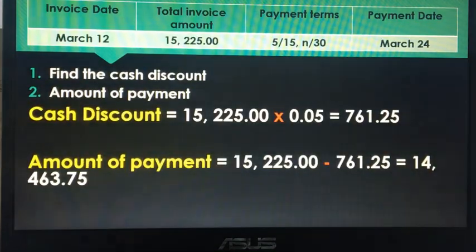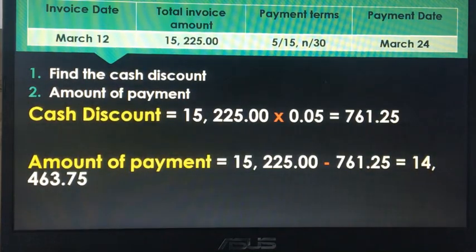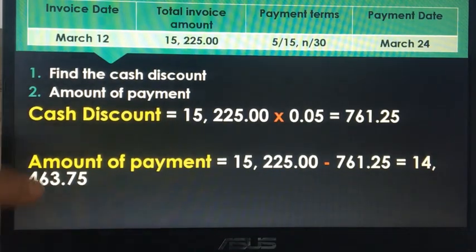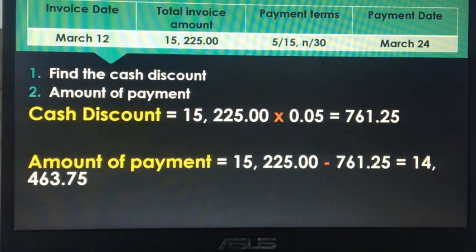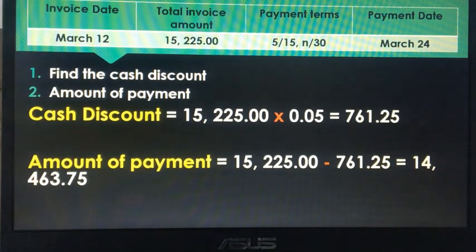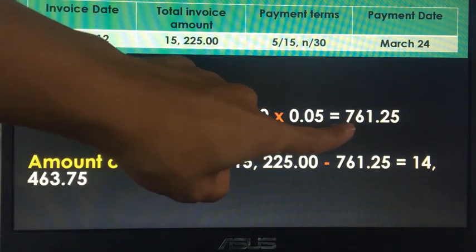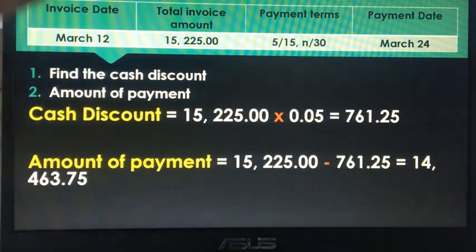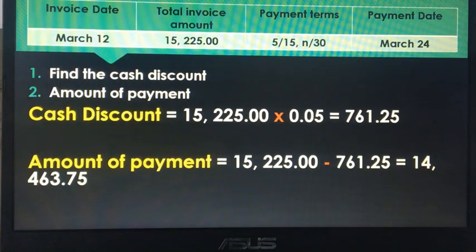So the total amount of payment now is 14,463.75. So the cash discount is 761.25, and the amount of payment is 14,463.75. That's how we solve problem number 1.